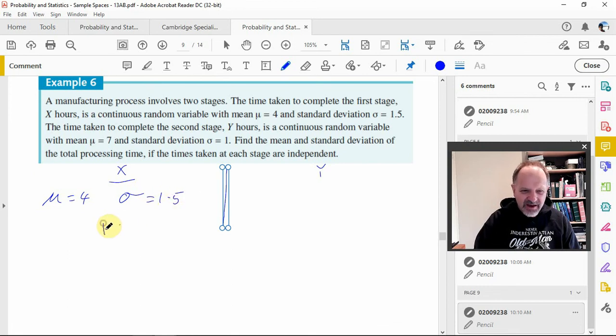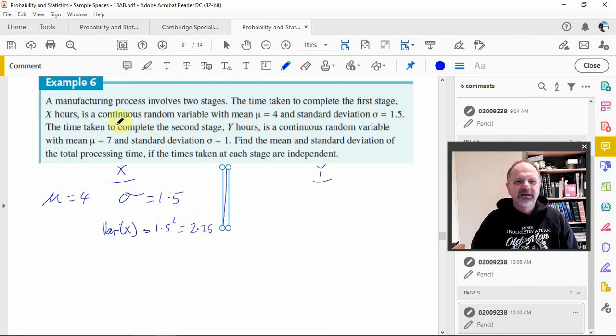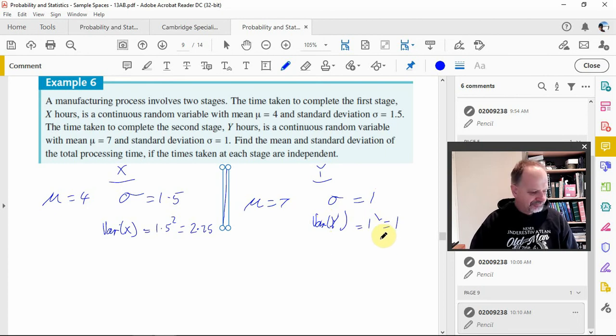So that means my variance would be that squared, which is 2.25. The time taken for the second stage is y, a continuous random variable, mean is 7, standard deviation is 1, and so that means our variance, y, not x, is 1 squared, which of course is 1.